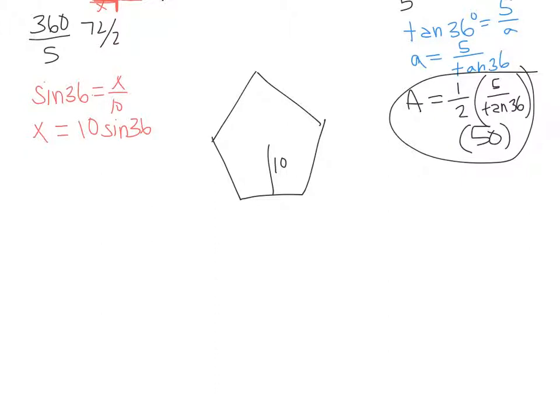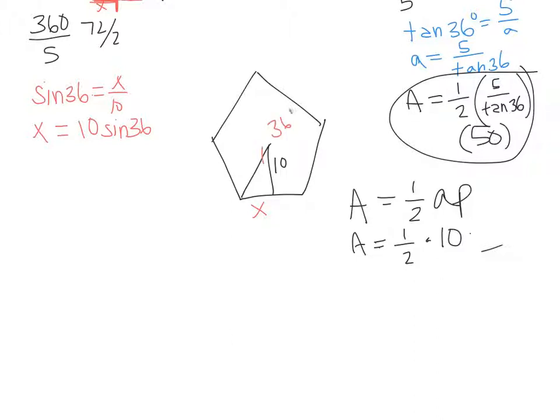So let's see, in the last one, the apothem is 10. I need to figure out this to find my perimeter. Area equals 1/2 the apothem times perimeter, so area equals 1/2 times 10 times the perimeter. Again, we know this is 36 degrees. To figure out what x is, I'm going to use tangent.